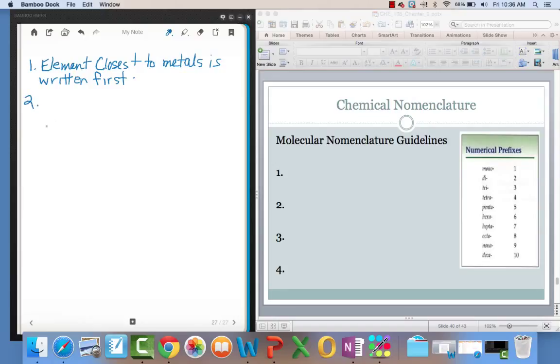Second, if both elements are in the same group, then the one closest to the bottom is written first.